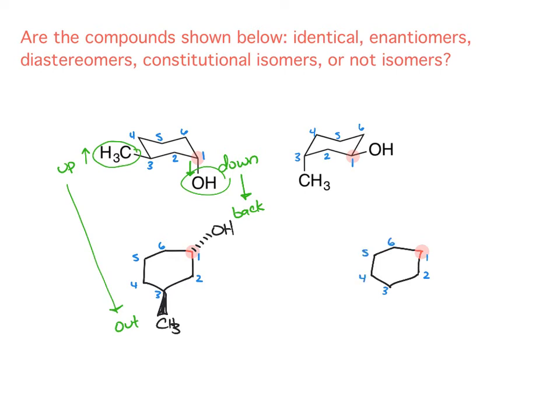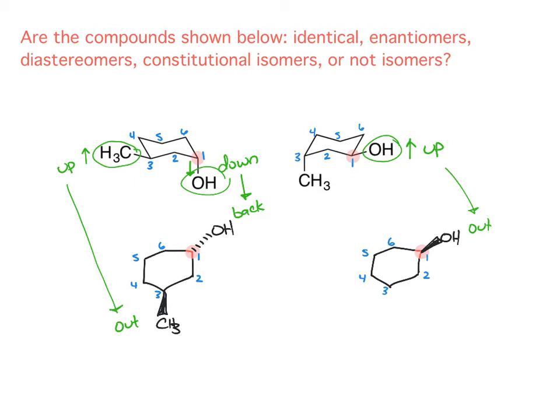Okay, carbon 1, we have this equatorial OH that's pointed up, which means on our ring we want to make it out. So the up goes to out.